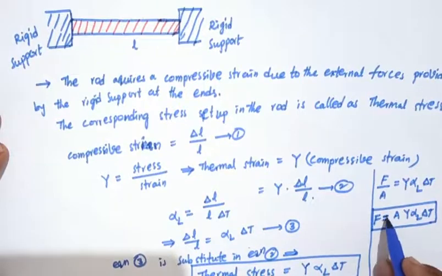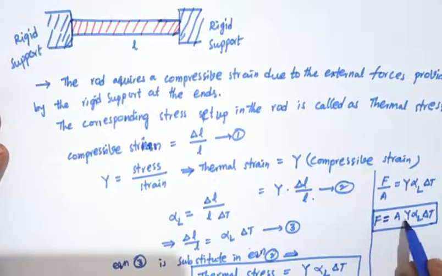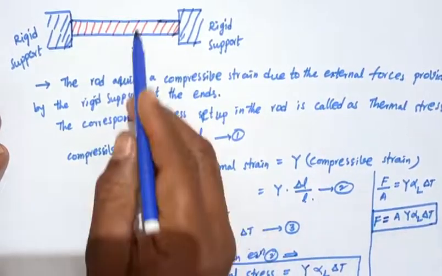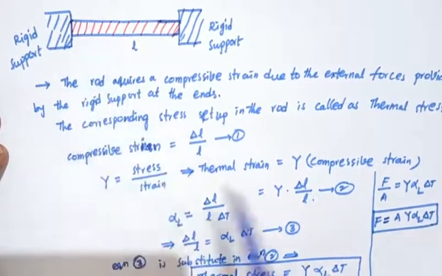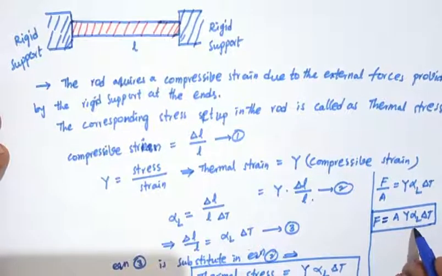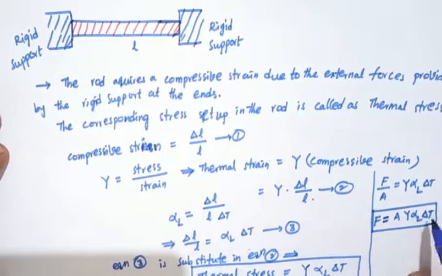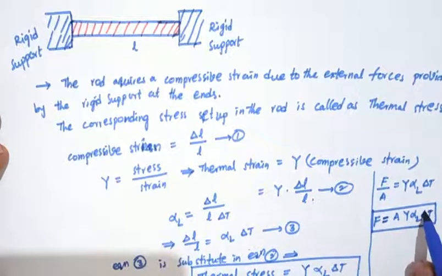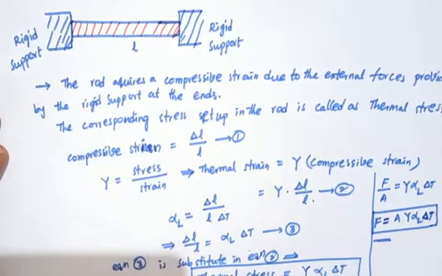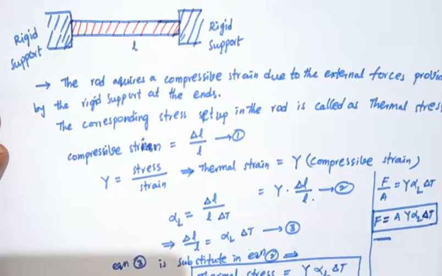How much external force? The external force F equals area of the rod, Young modulus of this rod, alpha L is the coefficient of linear expansion of the rod, and change in temperature delta T. So this is the expression for the thermal stress and the external force.